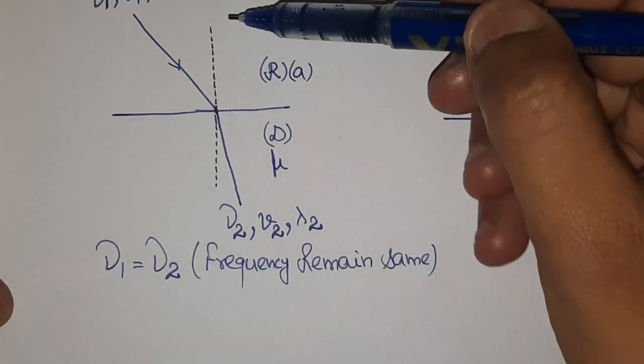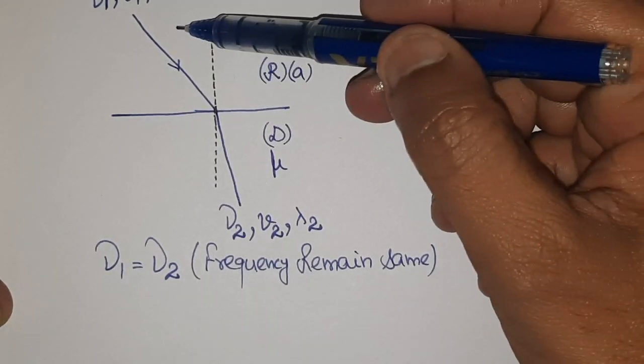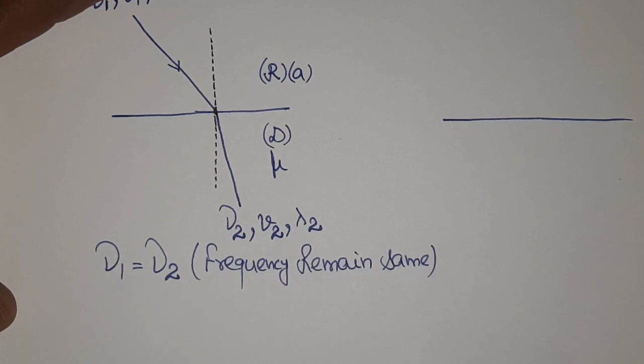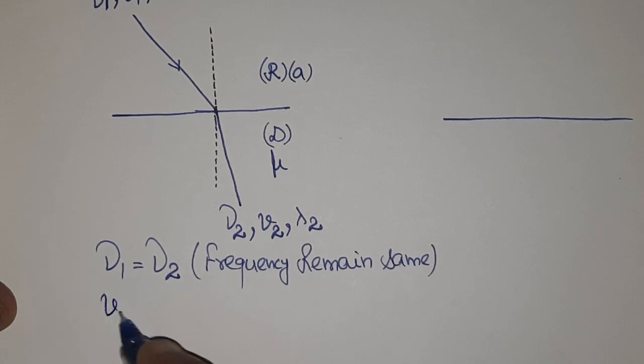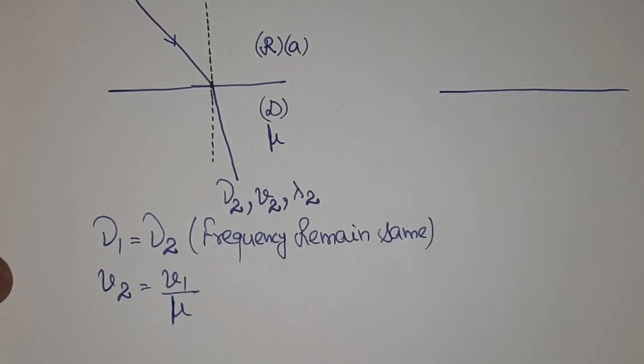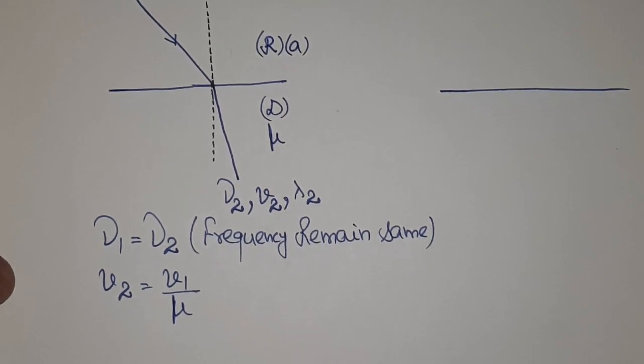Now, as the light goes from the optically rarer medium to the optically denser medium, its velocity reduces by a factor of the refractive index. That is, V2 will be equal to V1 by mu. The velocity reduces by a factor of refractive index.